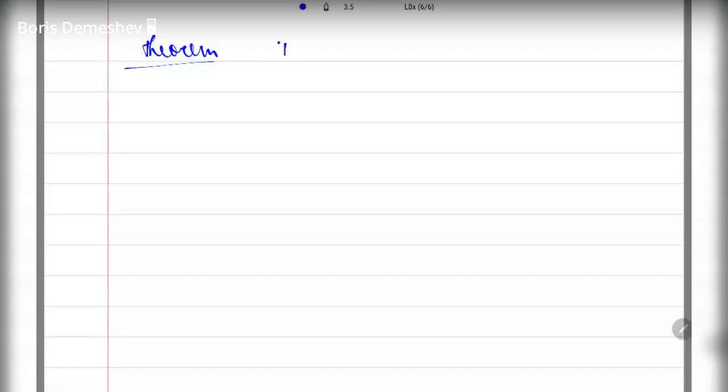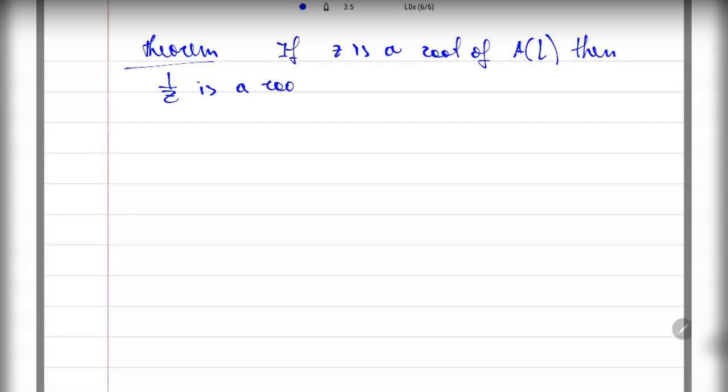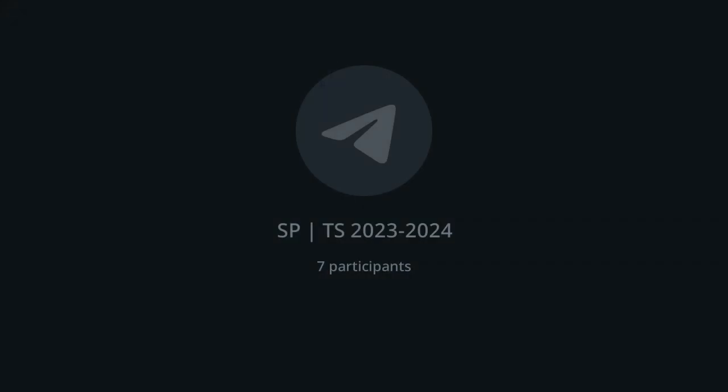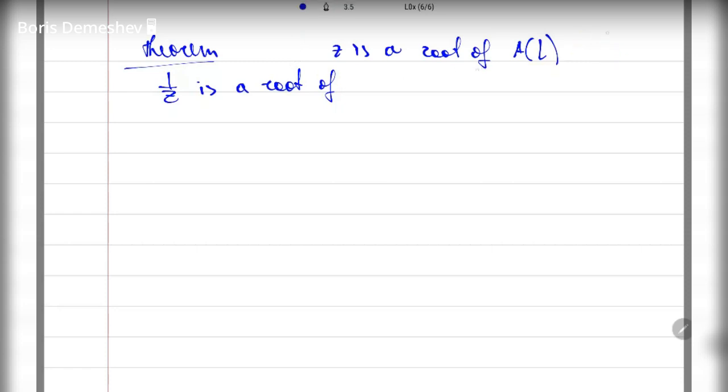If z is a root of A of L, then 1 over z is a root of the characteristic polynomial of lambda.